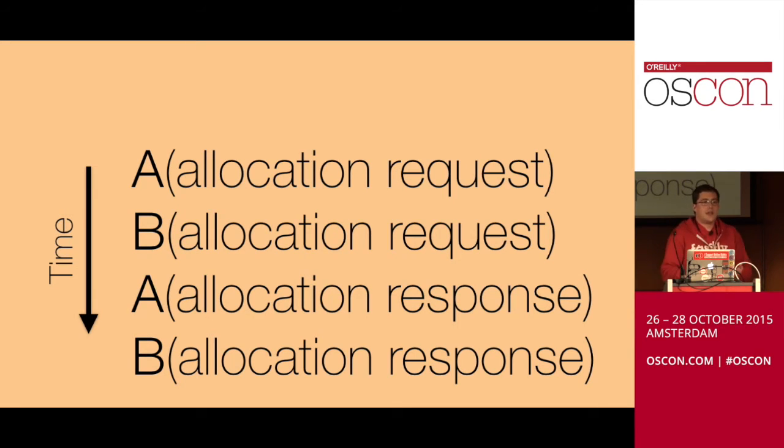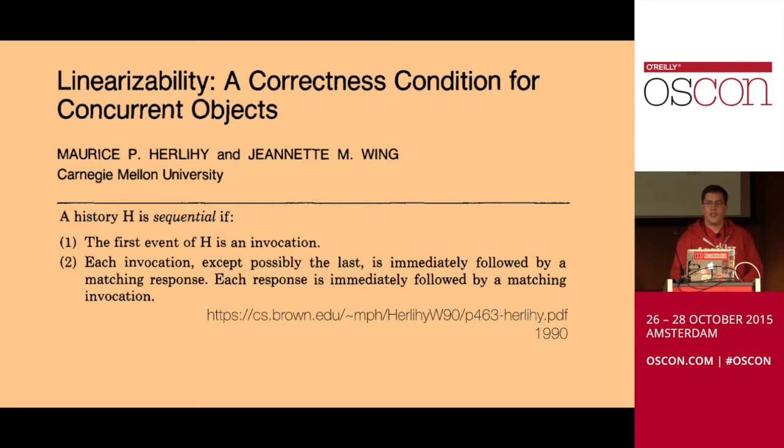So it seems like there's another constraint that we need to put on how we even discuss our execution histories to be able to convince ourselves that our protocol is correct and will work correctly under contention. So one of the things that we can do is we can talk about sequential histories.